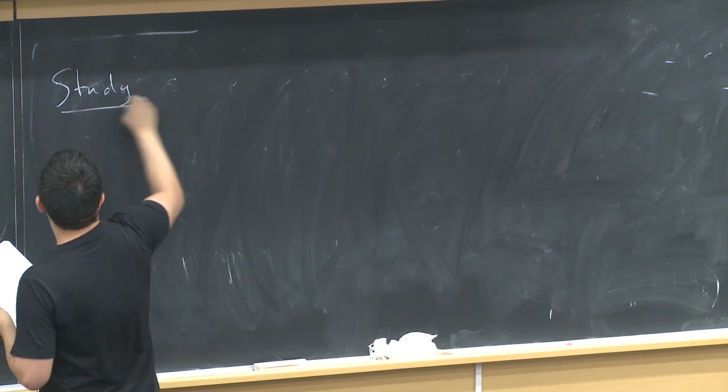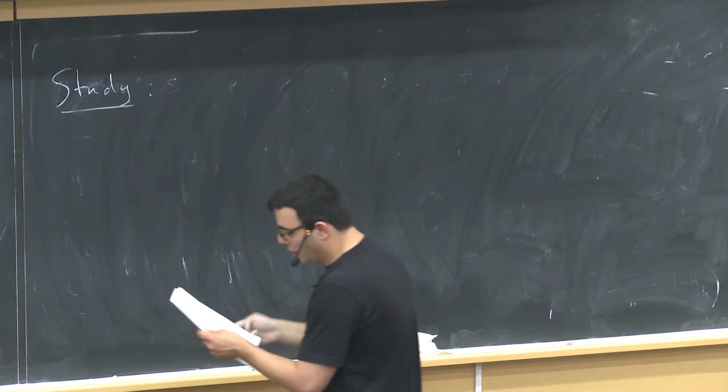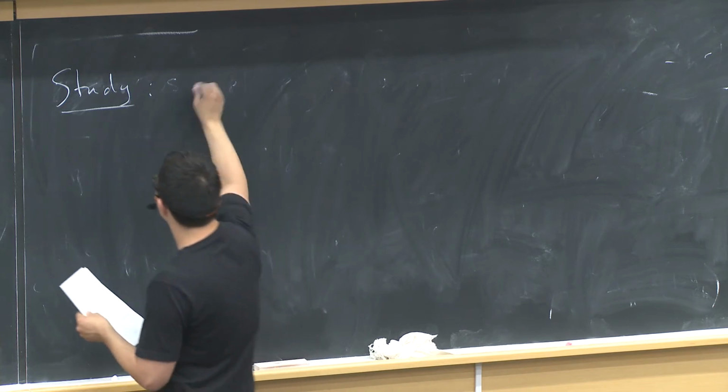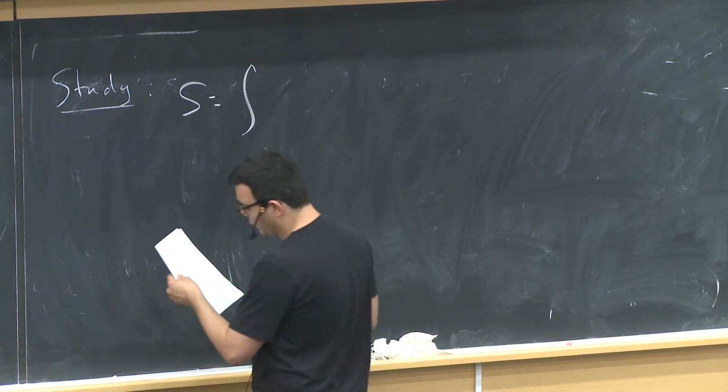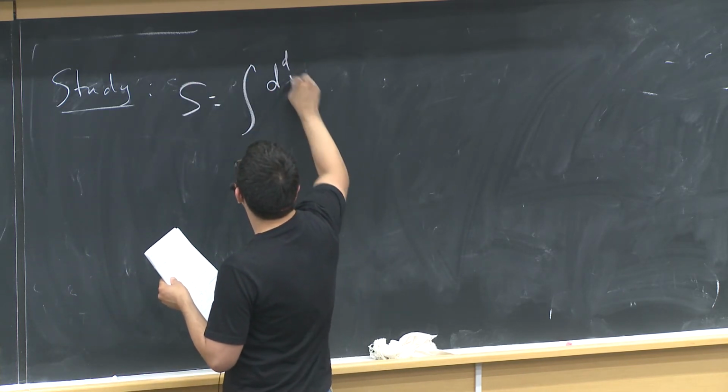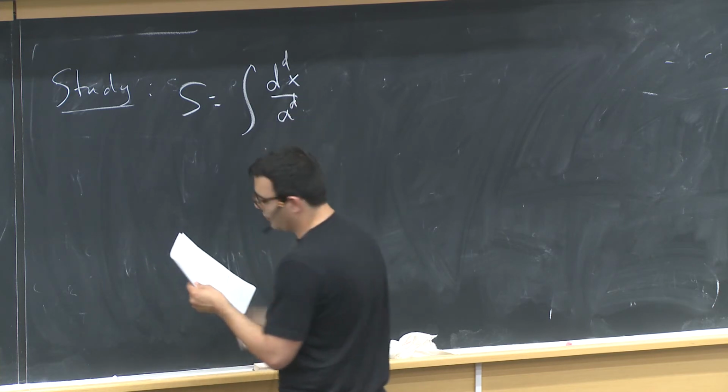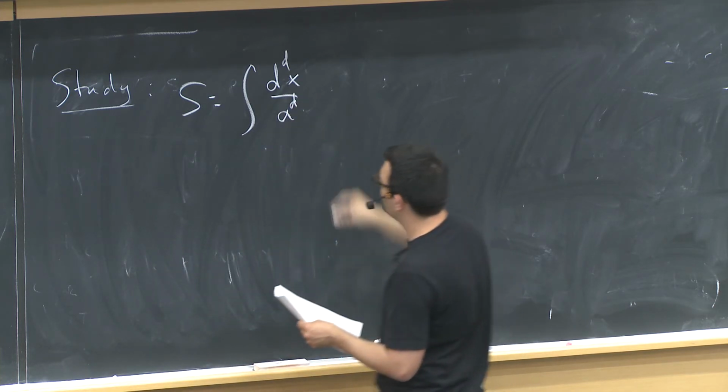Okay, so let's try to understand, as a quantum field theory, the theory with this action. Integral over x over a to the d. I'm going to use x and r interchangeably.